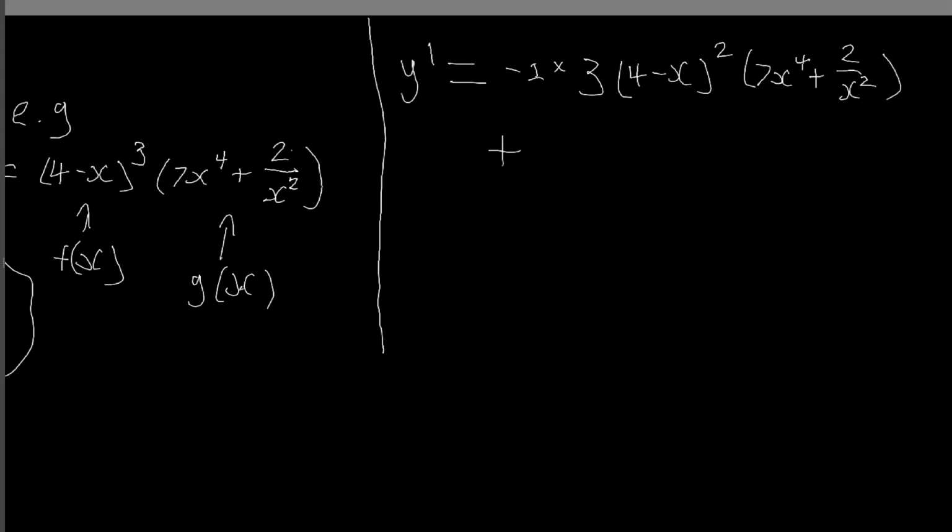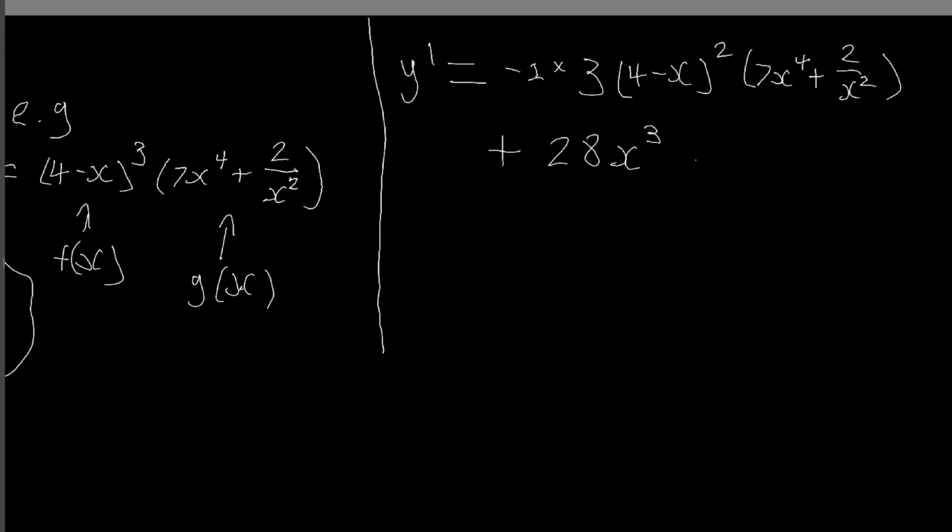Now we're going to do the derivative of the second function multiplied by the first function. We're going to have the derivative of 7x to the power of 4, which is going to be 7 times 4 times x cubed. 7 times 4 is 28, times x cubed, power reduces by 1. And then here we have 2 times x to the negative 2.